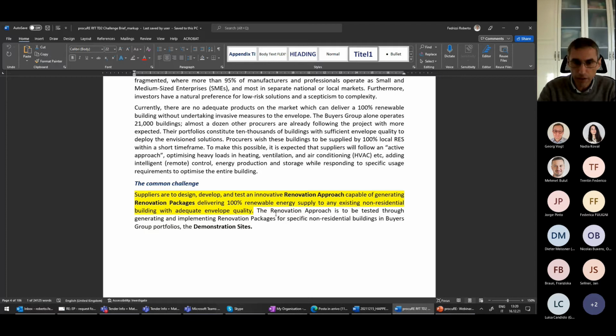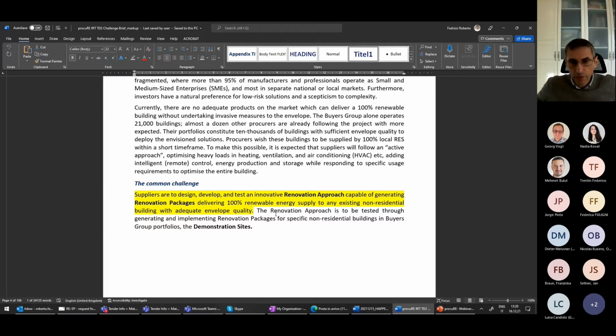So the suppliers will find 6 buildings with adequate envelope quality by the end of the project, but so far they are not all retrofitted in terms of the envelope.